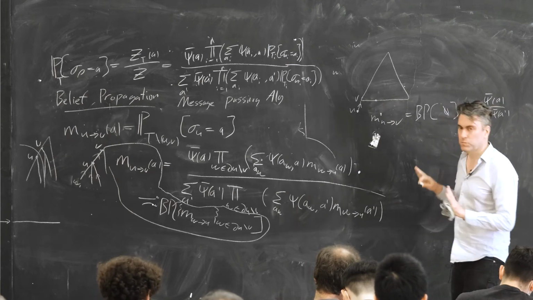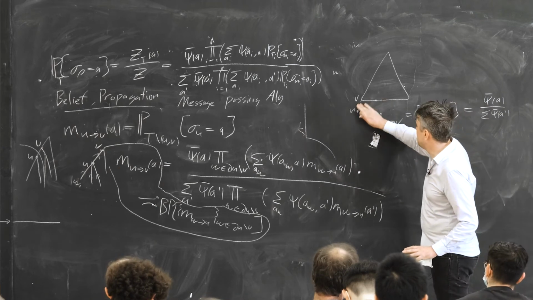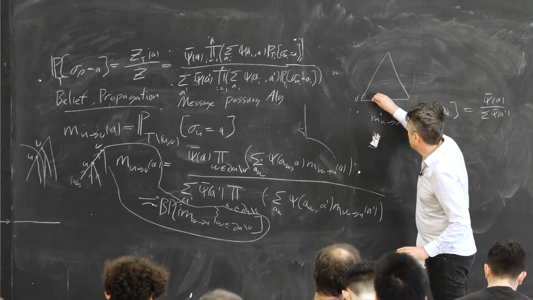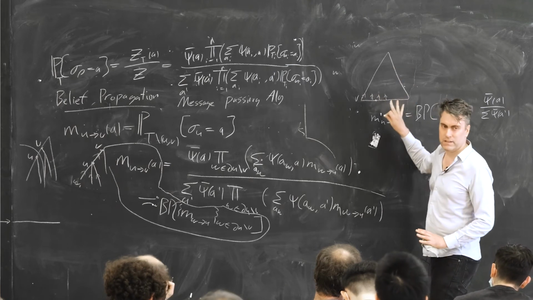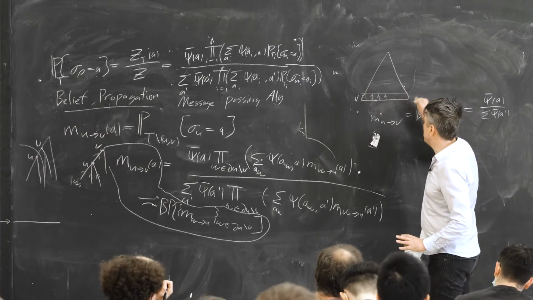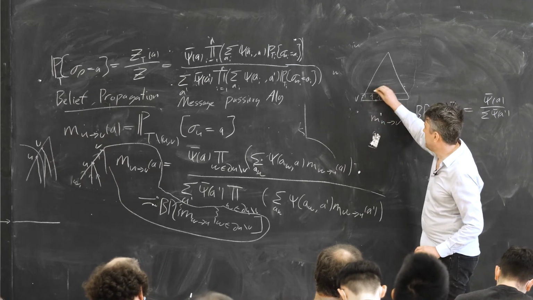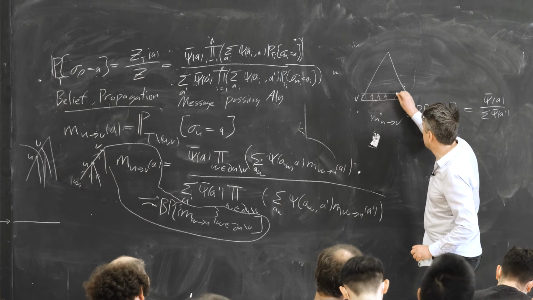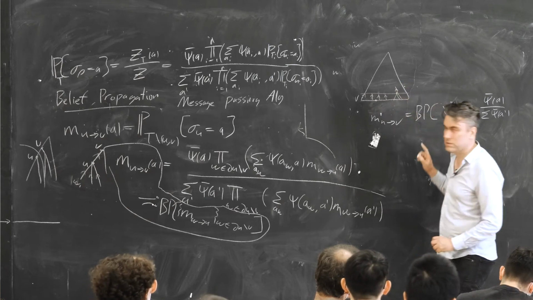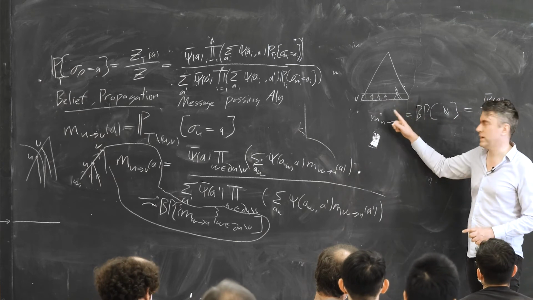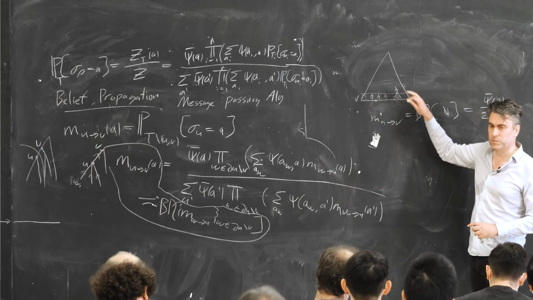So you can work out for all of the leaves what the outgoing messages are. Now, if I know all of the messages from the leaves to their parents, then for each vertex in the next row, I could work out what its message going up is as a function of the ones coming from its children.